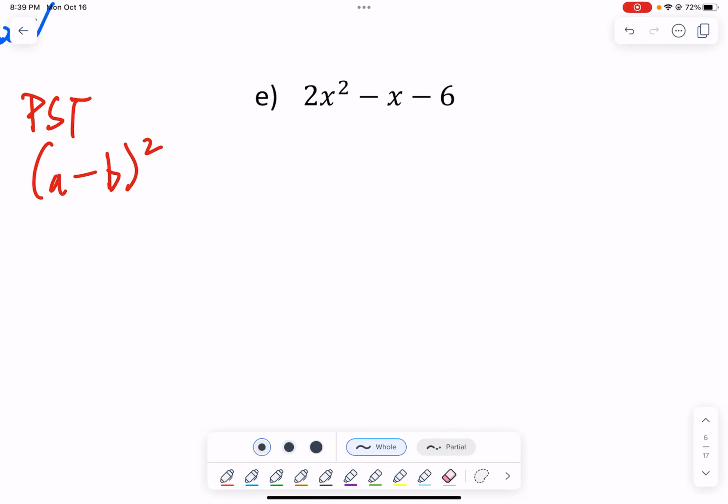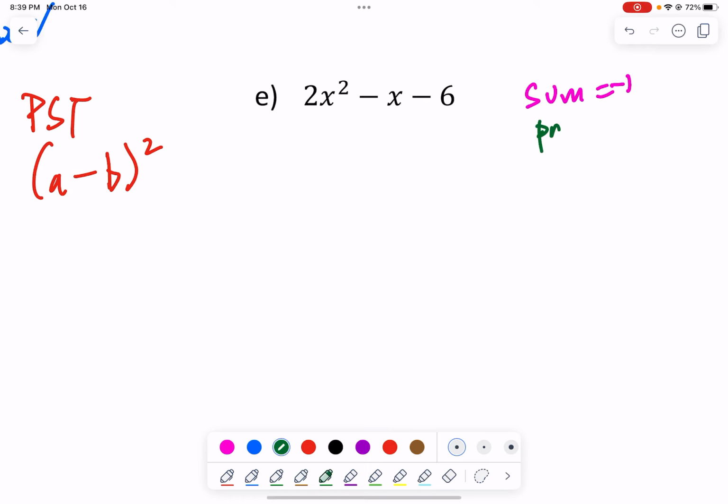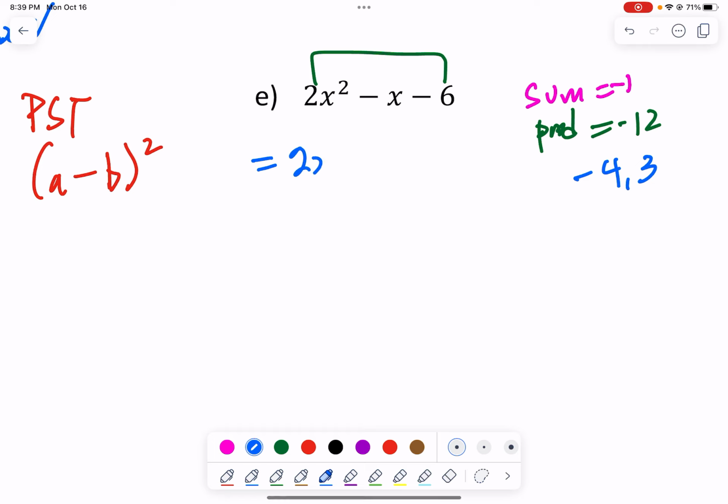This one, our sum is minus 1, and our product is minus 12. We had those numbers before, so it's minus 4 and 3. We're going to break down the minus x into minus 4x plus 3x minus 6.